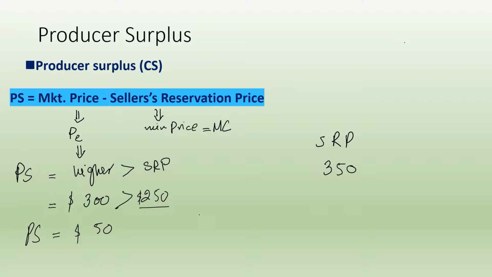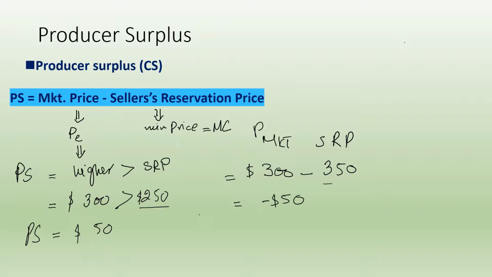So if the seller's reservation price is 350 while the market price for a laptop is 300, then if we take the difference between them, it is going to be minus $50.